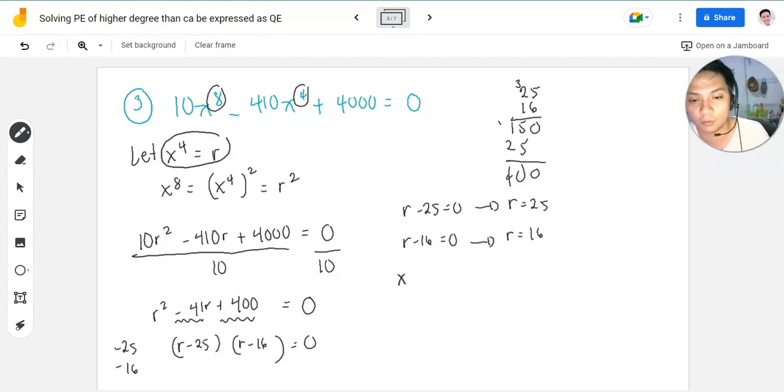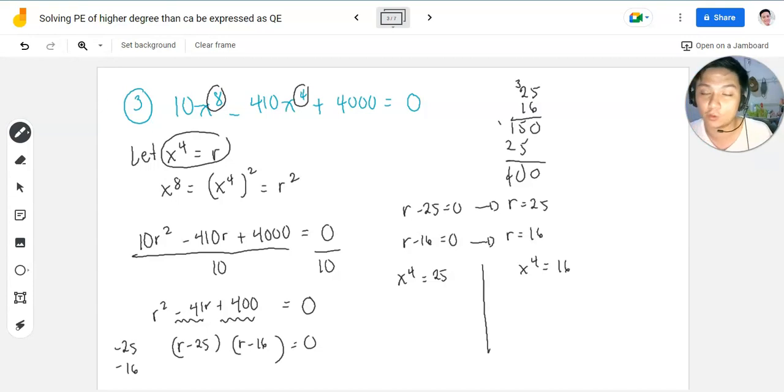So x raised to 4 equals 25. Tapos, dito, x raised to 4 equals 16. Ibig lang sabihin nito, we will have to get the fourth root of 25 and fourth root of 16. Kasi, we have to think of x na ni-raise sa 4 to get 25, x na ni-raise sa 4 to get 16. So, we're to get the fourth root of the constant here.